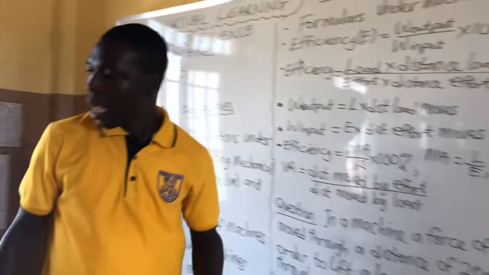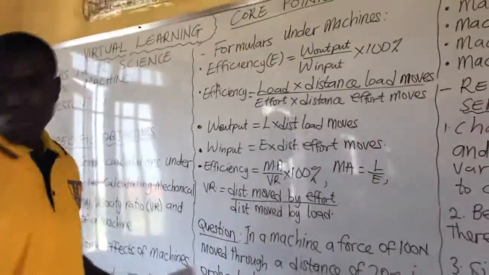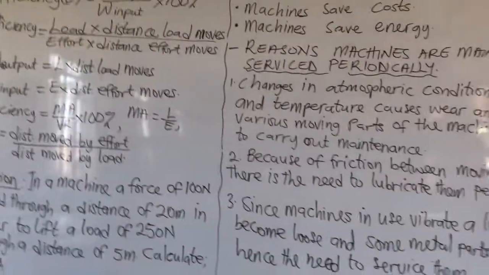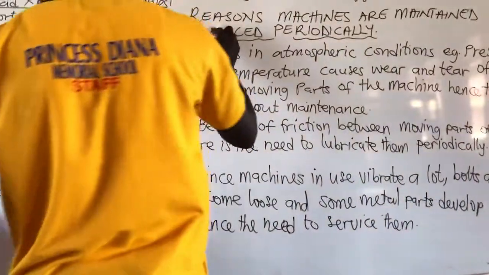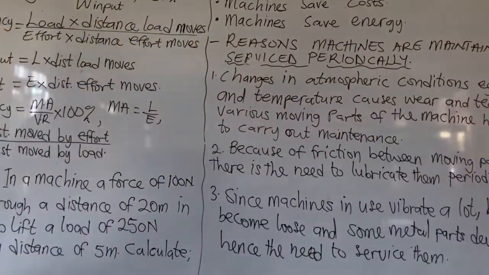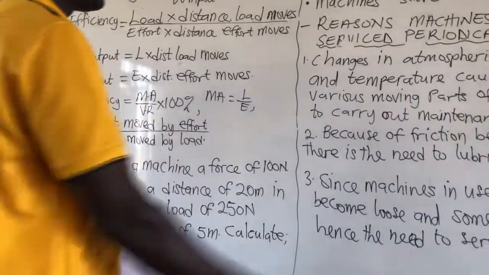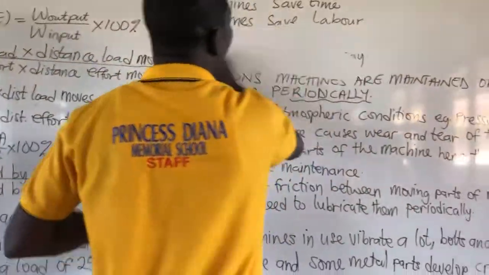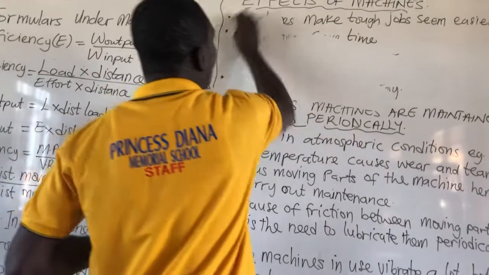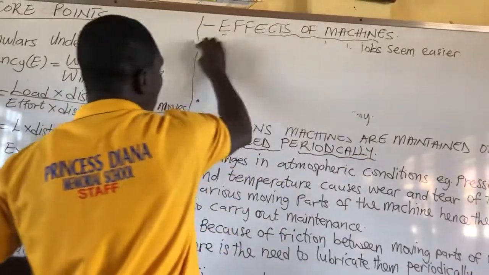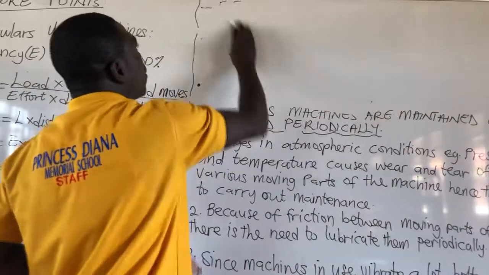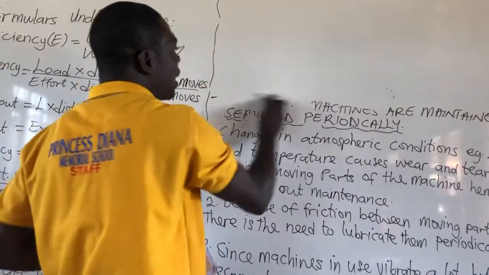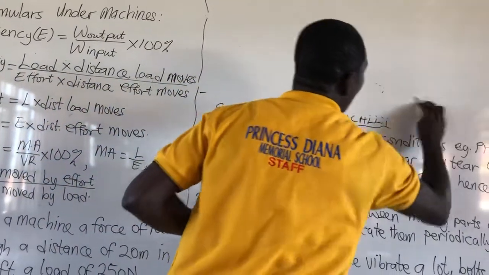Now let's come back to our question. Let's look at our question here. How we can calculate the mechanical advantage, velocity ratio, and the efficiency of the machine. So let's come out with your data. Quickly do that for me. So when you are given a questions or calculations under science, we write our data or the key information in the question.